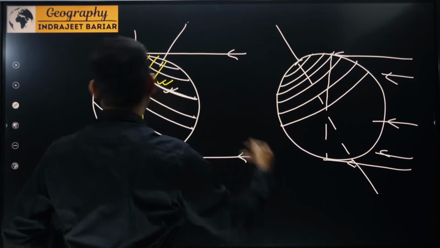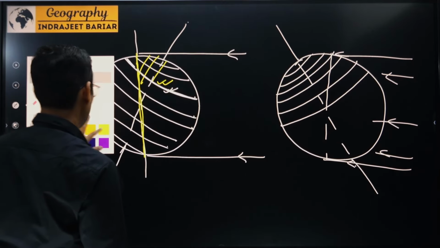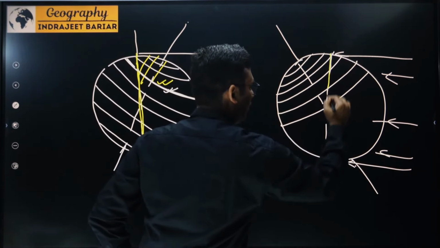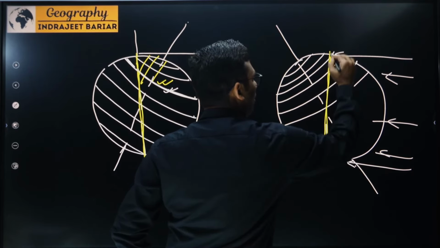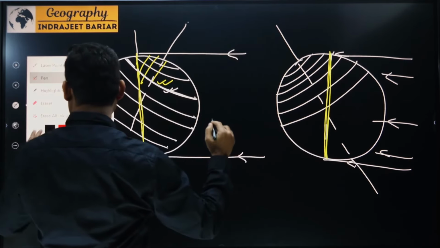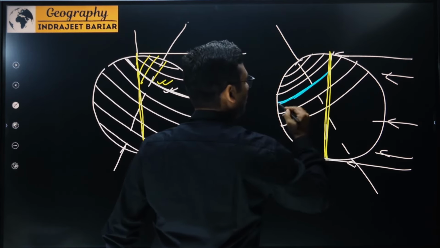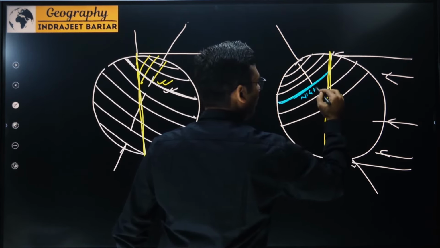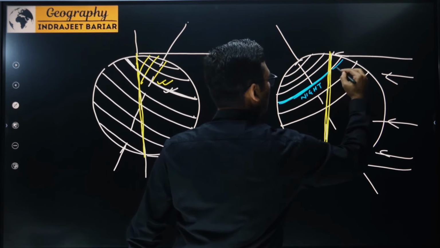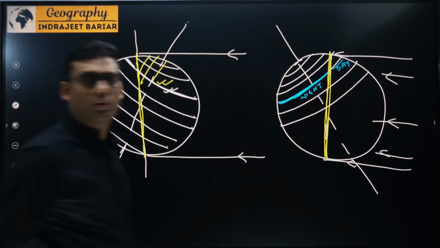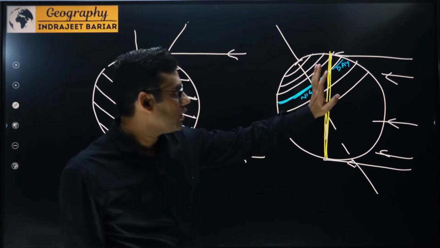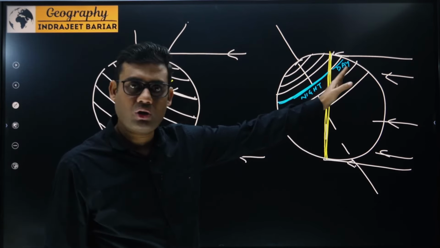In this case, now I see the circle of illumination over here. And the latitude I am checking is this latitude. You can see this much is night and only this much is day. So obviously for this place now, the day has become shorter, night has become longer.